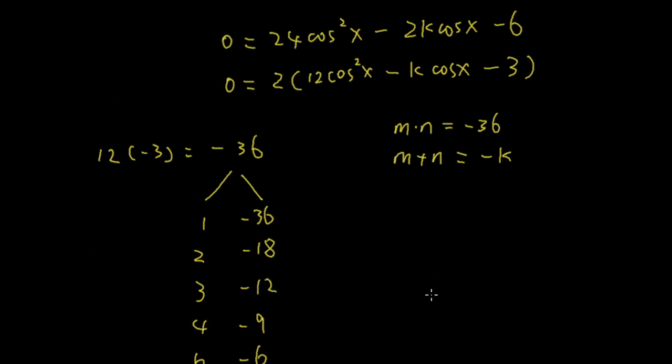Because m plus n has to be a negative integer. So that means they need to have the same decimal places and same decimal value so that it cancels out, right? And they have to multiply together to become negative 36.